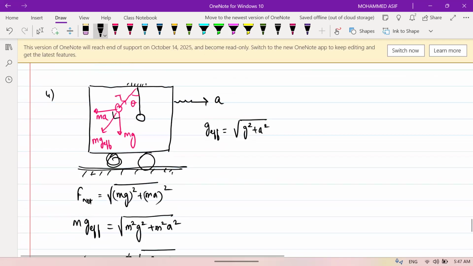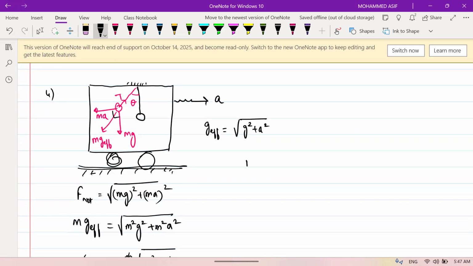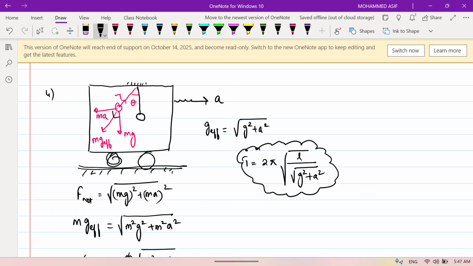So that is the reason I took G effective equal to this much. So time period will be T is equal to 2 pi under root of L divided by G effective. G effective is here under root of G square plus A square. This is your time period. T is equal to 2 pi under root of L divided by under root of G square plus A square. Am I clear?